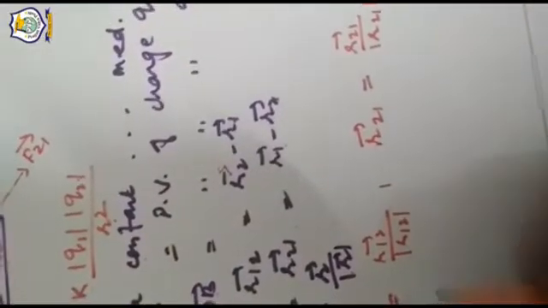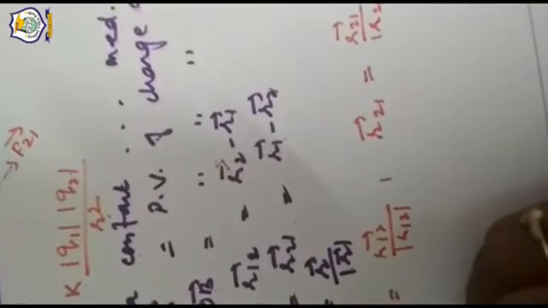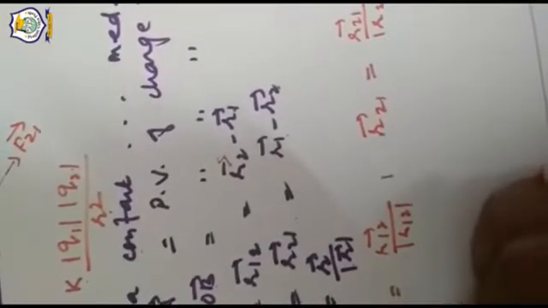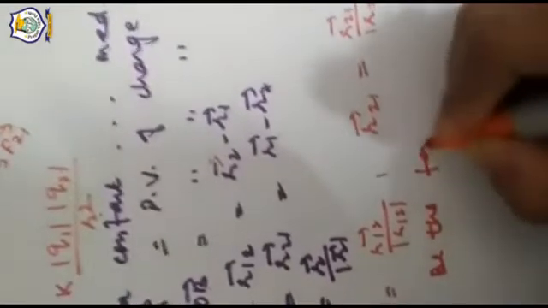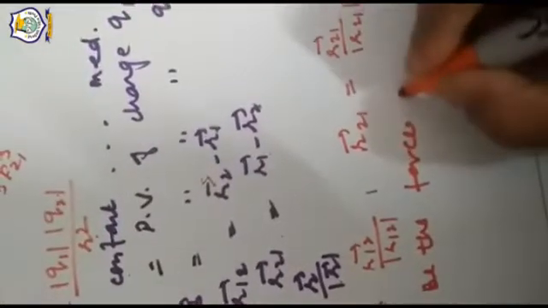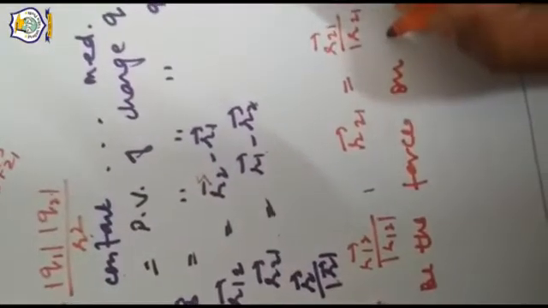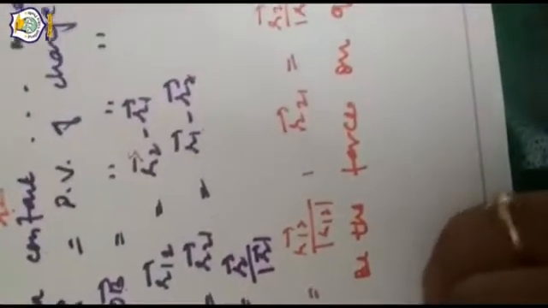So for that, let's consider F12 be the force on Q1 due to Q2. Similarly, F21 is the force on Q2 due to Q1.